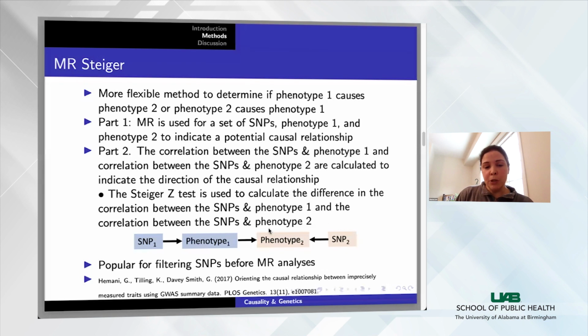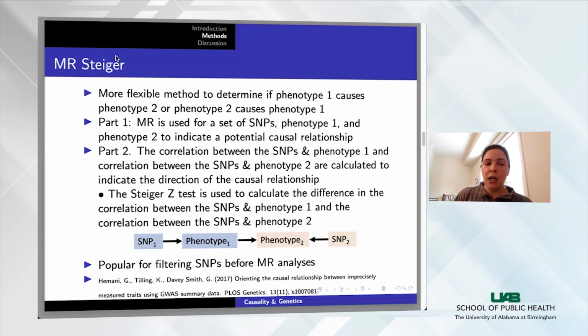But there have been MR approaches that extend out further and say, not only are we going to establish if this arrow is here, but in fact, the direction of the arrow. Is the arrow going from phenotype 1 to phenotype 2, or is it going from phenotype 2 to phenotype 1?